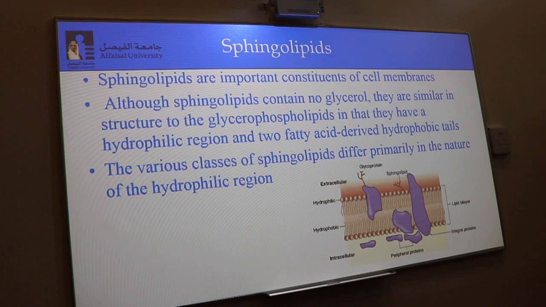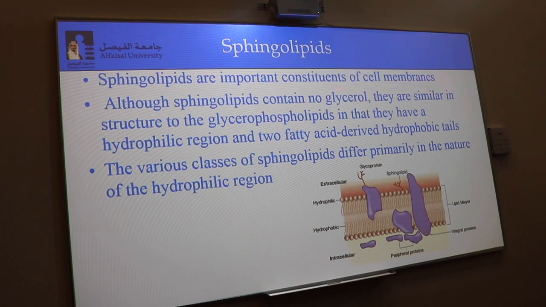Now we move to a new class of lipids that don't contain glycerol. They contain another alcohol called sphingosine. So that's why they are called sphingolipids. They are also an important component of the cell membrane.